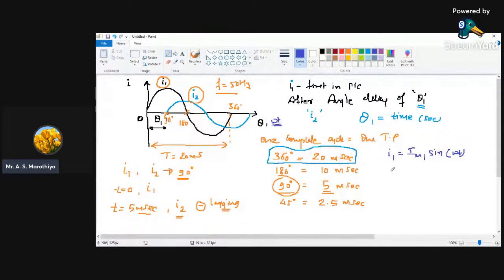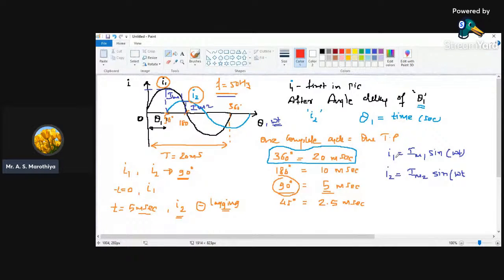Then with respect to this, I2 is going to be equal to I max 2, because from this graph it is very clear that this is your I max 1 and this is going to be your I max 2. So I max 2 into sine of omega t, because both are varying at the same frequency, which is nothing but 50 hertz. Hence the value of omega is also going to be the same, which is 2 pi f for both the quantities. And then here we need to define whether it is lagging or leading.